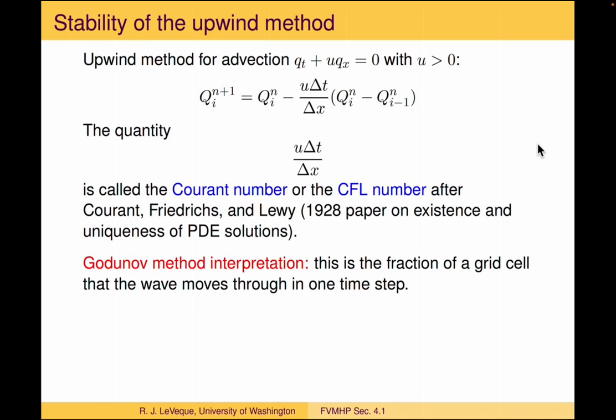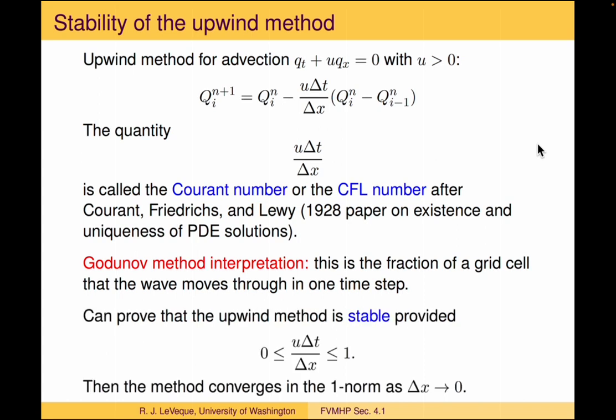And so if you think about it that way, then it makes sense that you need this number to be less than 1 if you're using a method that's only looking at the two states on either side of the interface. Because if waves start going more than one grid cell on a single time step, then they're going to be influencing places farther away where we haven't perhaps taken into account enough of the initial data to take a larger time step.